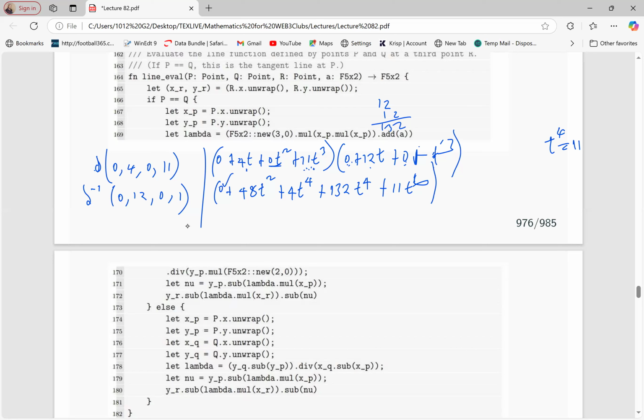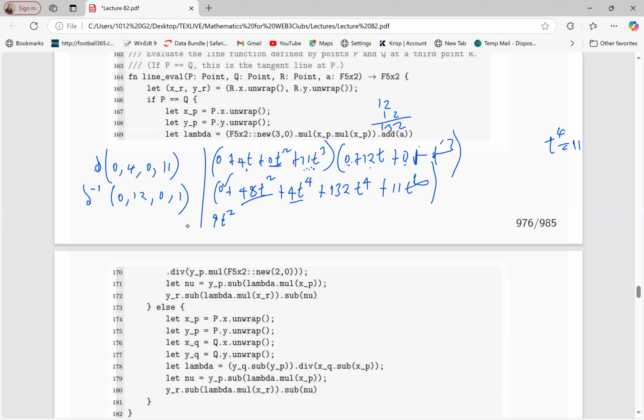We have nothing to do here, so we leave it. 48, we reduce 48 mod 13. 48 divided by 13, it goes there 3 times, and the remainder is 9. So this becomes 9t squared.